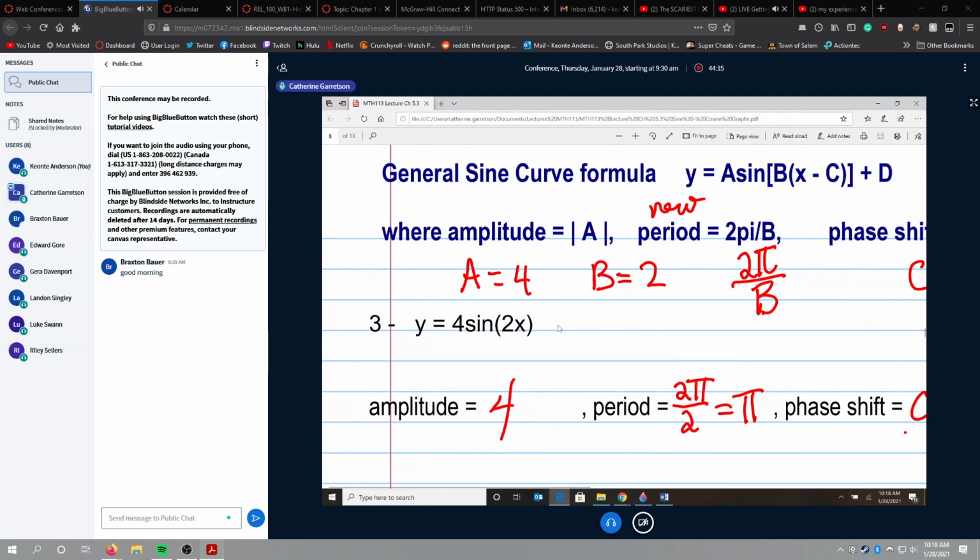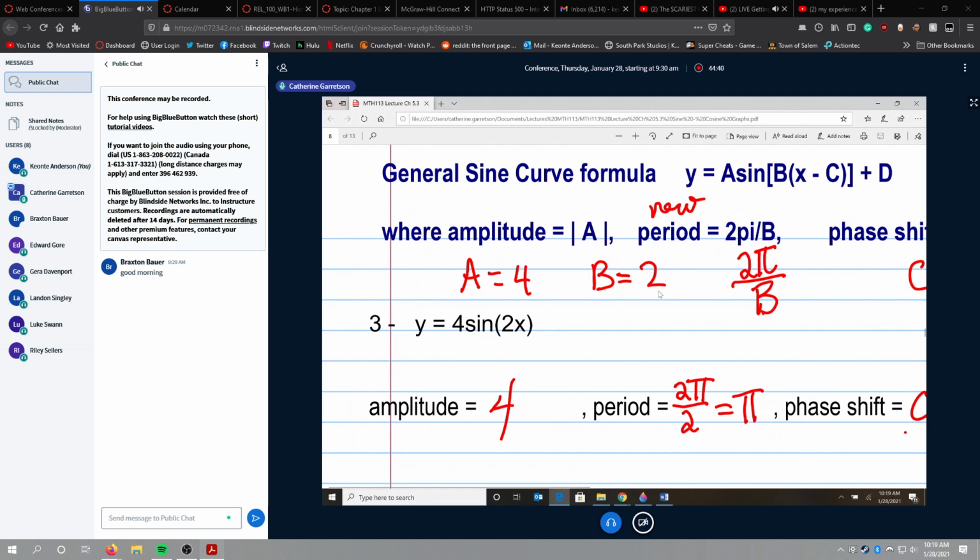I don't see anything added or subtracted, so we didn't get a D. C is what is added or subtracted inside where the X is, and I don't see anything added in there, so I don't have a C. So it looks like all I have is an A and a B. So my A is 4 and my B is 2.